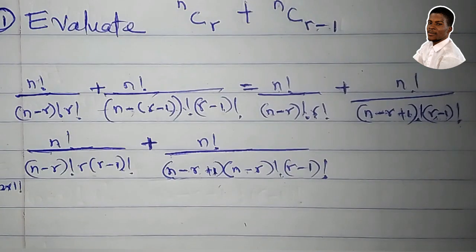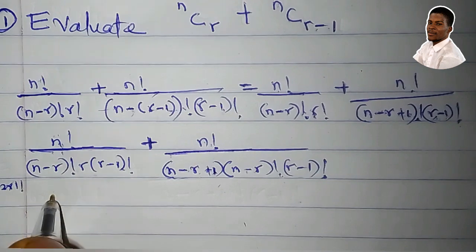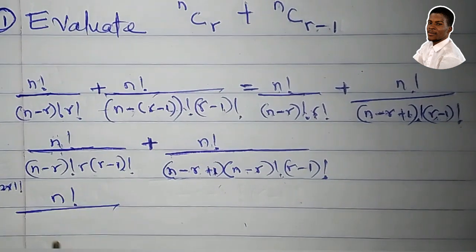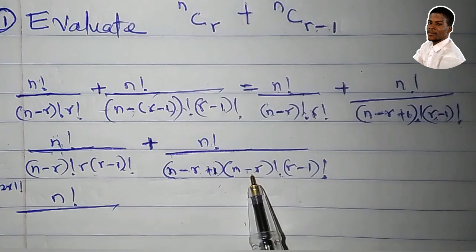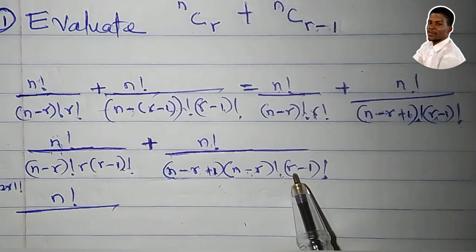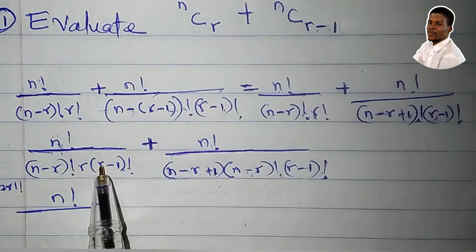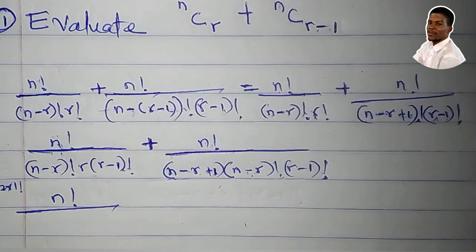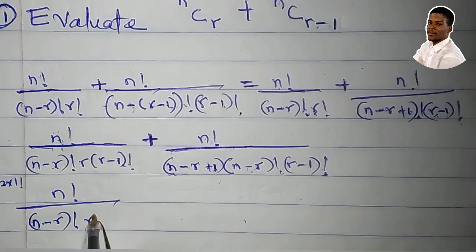What I'm going to do now is to factor all the factorials out. n factorial is common to both terms, so n factorial can come out. There is (n minus r) factorial here and also (n minus r) factorial here. There is (r minus 1) factorial here, and there is (r minus 1) factorial here. So I will bring both (n minus r) factorial and (r minus 1) factorial out as a product.